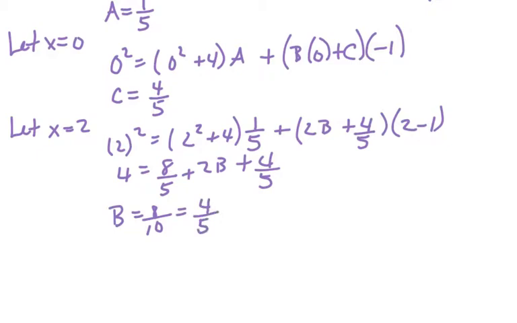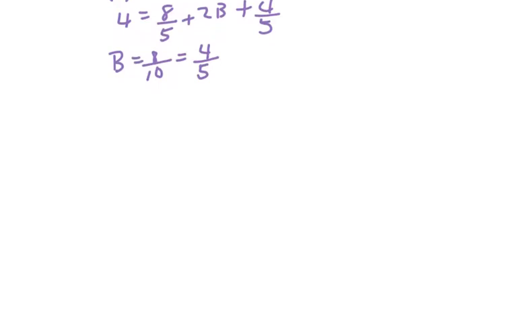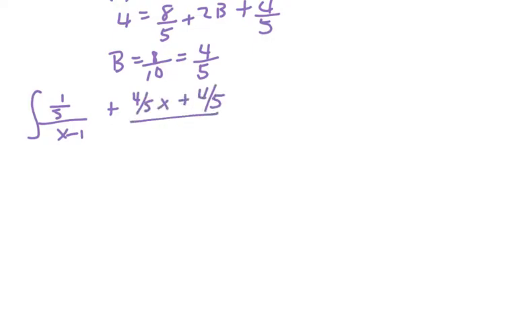Now I've got my coefficients. So let's put it together and integrate. This becomes (1/5) over x minus 1 plus ((4/5)x plus 4/5) over x squared plus 4.